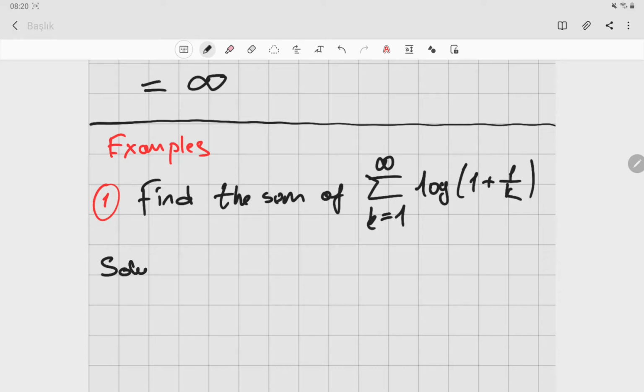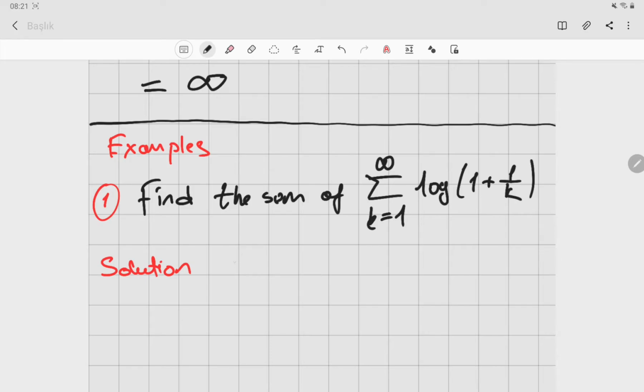As a solution, in order to solve this example, we need to use some properties of the logarithm function.